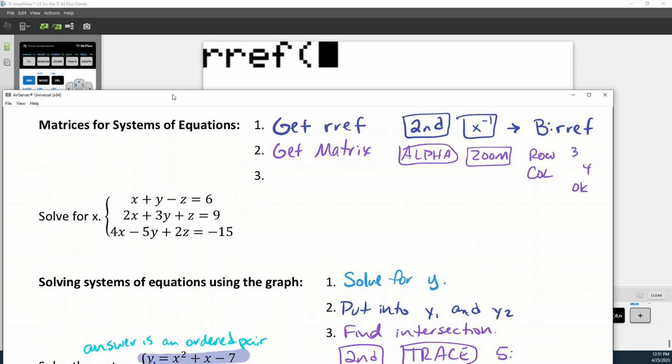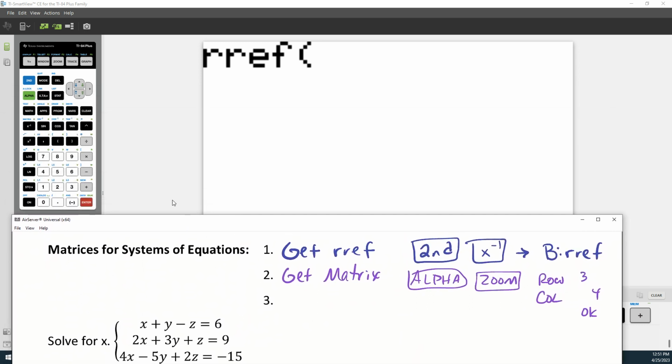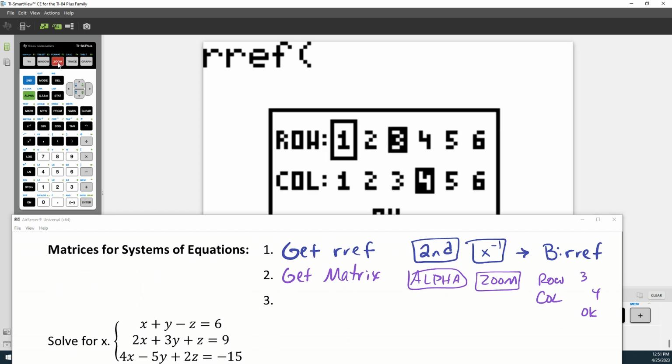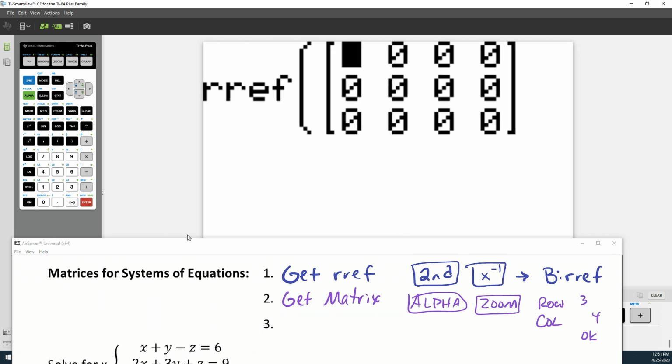Now, that might already be up on your calculator, but remember, your calculators are all going to be reset, so you're going to have to remember that, unless you're using your own. So alpha zoom. Now mine, because I did it last period, it's already 3 and 4. We click OK.